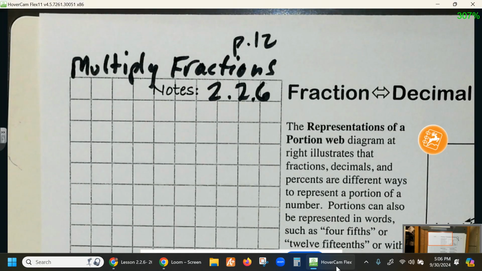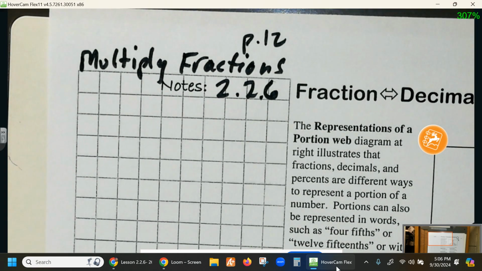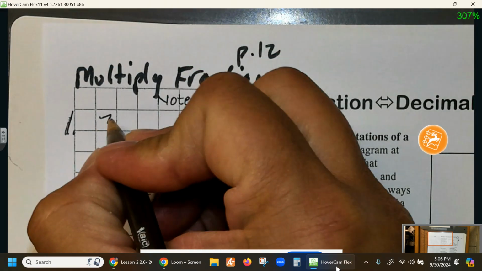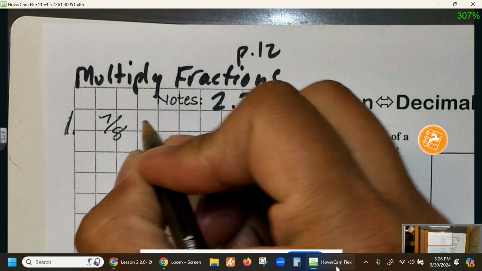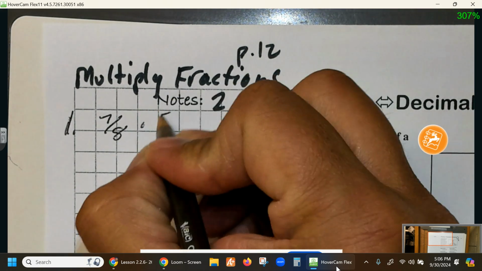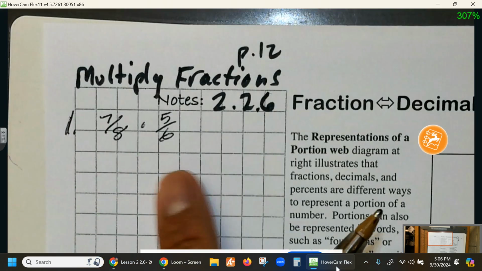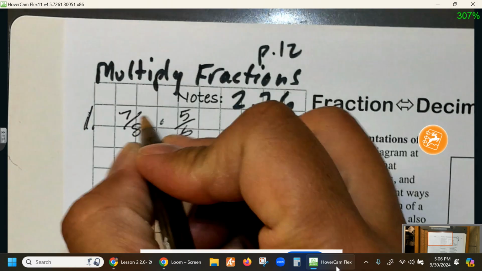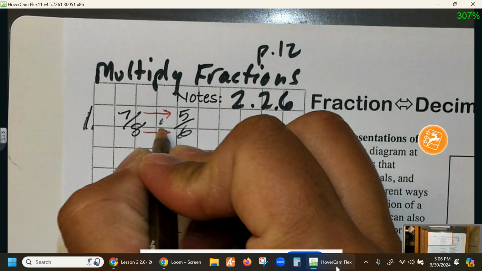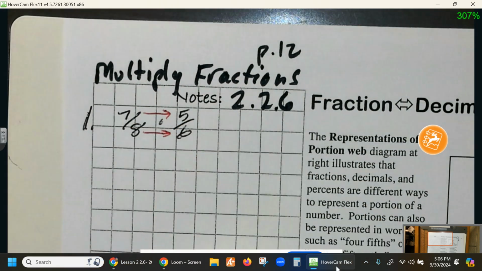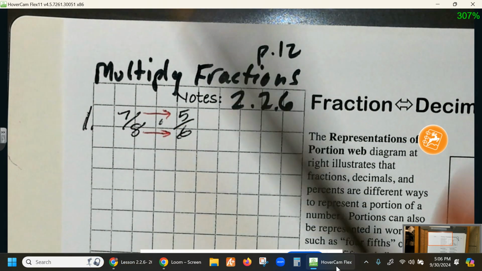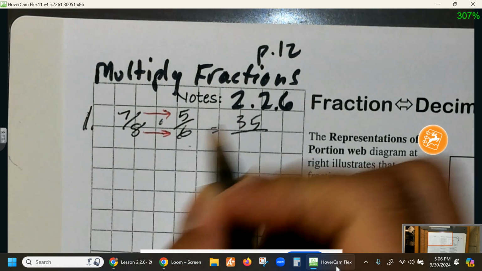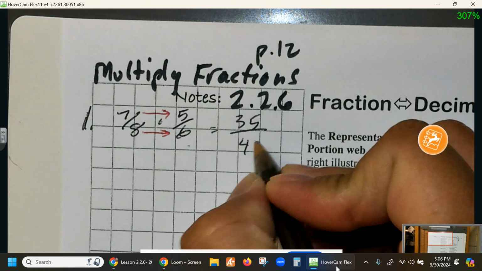Okay, so first one that we're going to look at is example number 1. We have 7/8, and we're going to multiply by 5/6. Okay, so going straight across, that would be the quicker method. 7 times 5, that's 35, and 8 times 6 is 48.